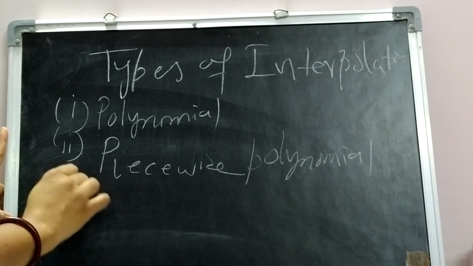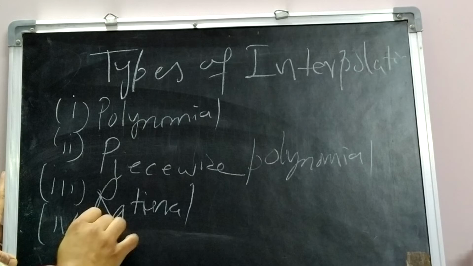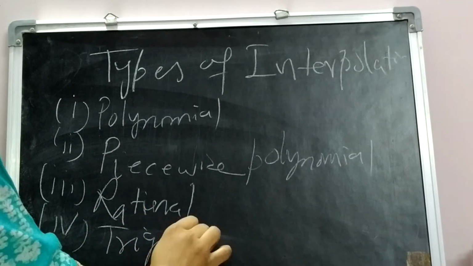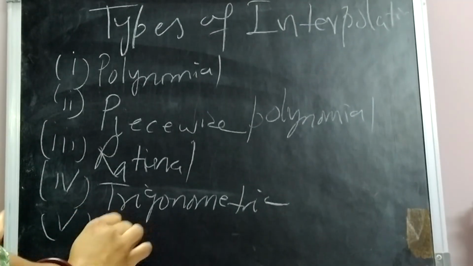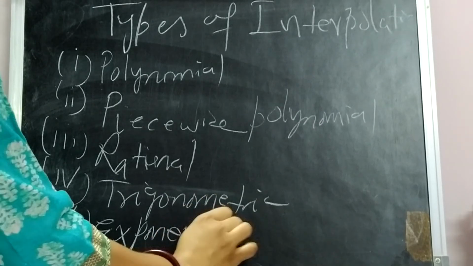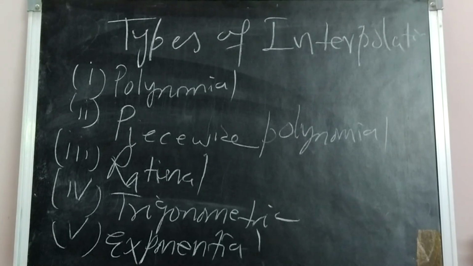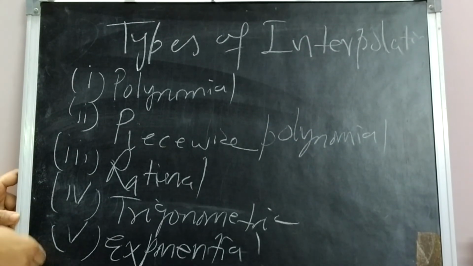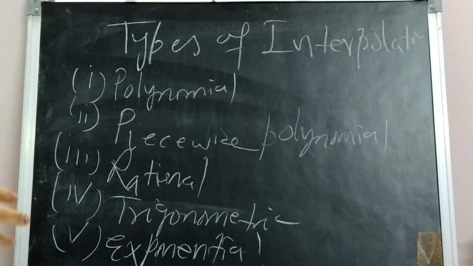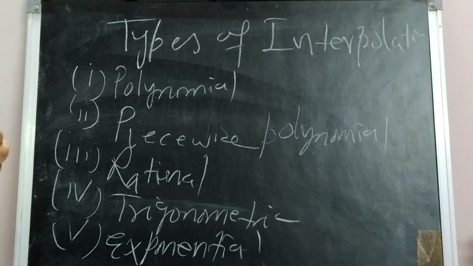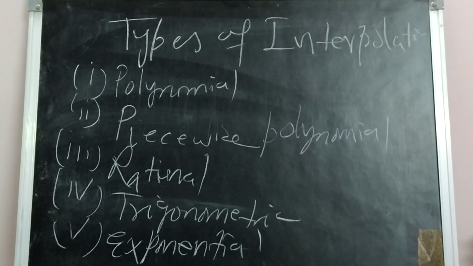It can be rational interpolation. It can be trigonometric, or it can be exponential also. So these are various types of interpolation in which we can approximate the given data in terms of a function, so that we can find the value of the function at any value lying intermediate to the given values of the independent variable.